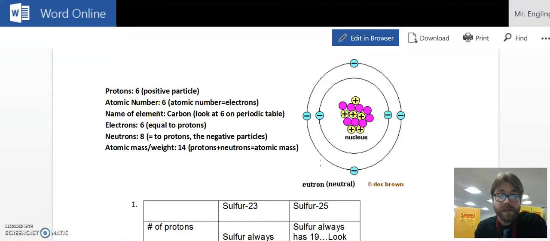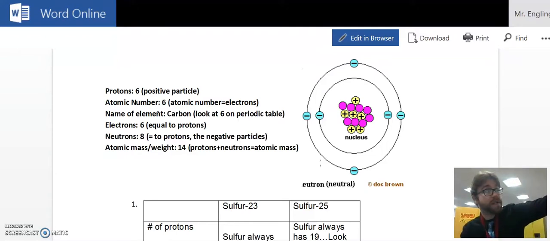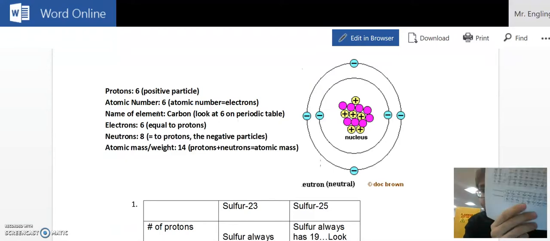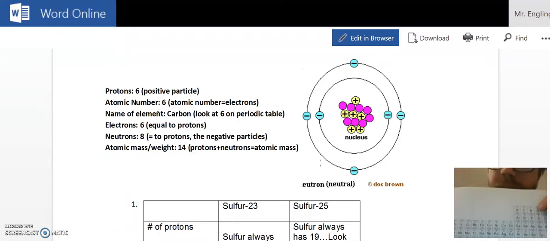Name of the element. In order to find the element name, we'll have to look at our periodic table. Our periodic table looks like this. So we'll have to find something with 6.